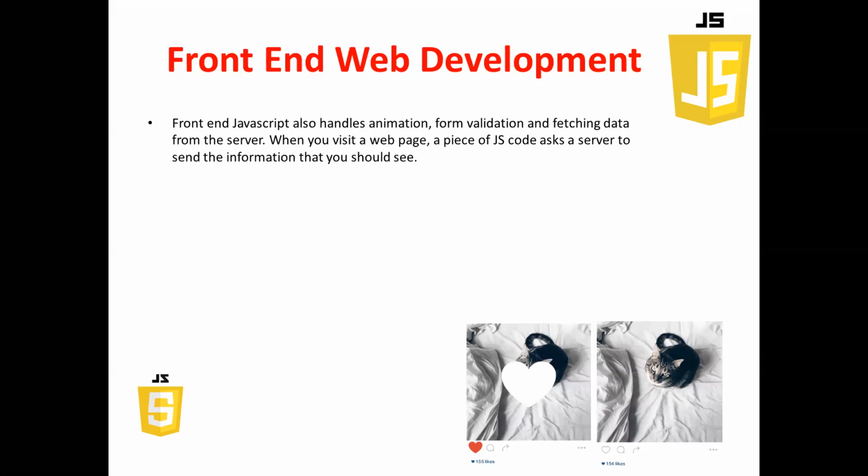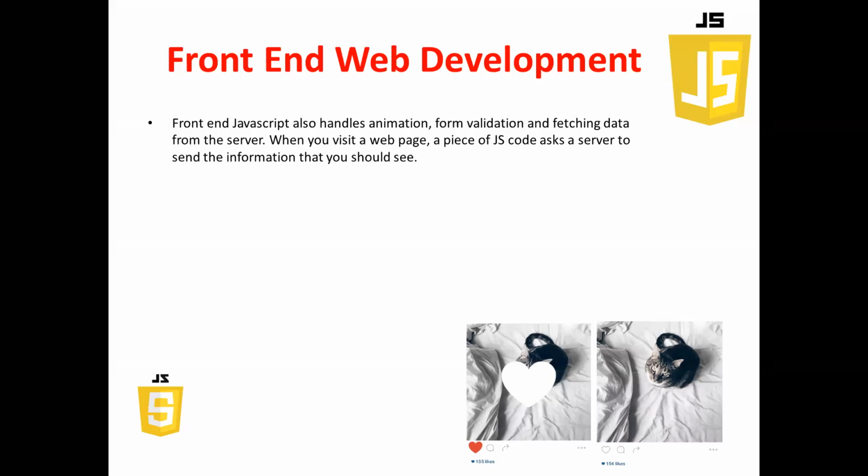I have given you one plane image, and you want this plane to run from one side to another side and come back from left to right. How do you do it? You can do it by using JavaScript. JavaScript also handles form validation and fetching data from the server. So you can validate some data from the server.